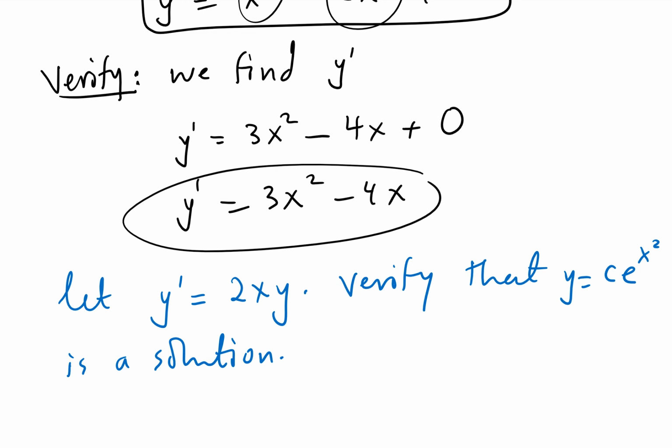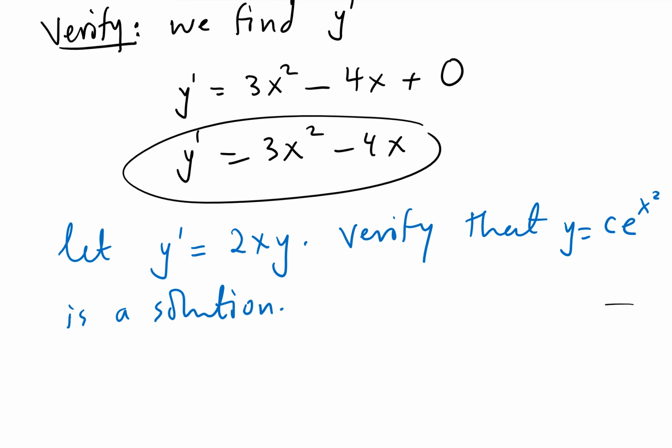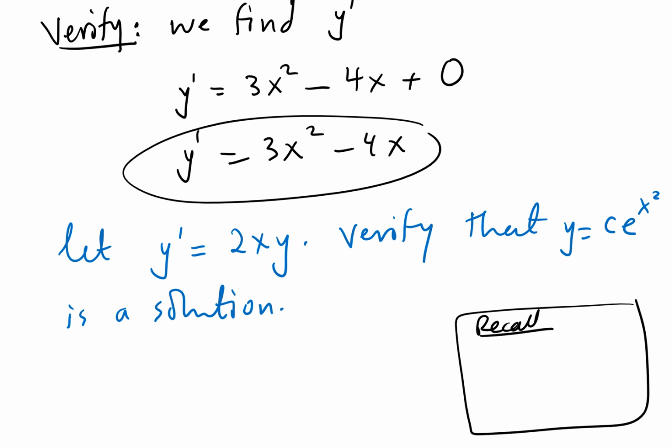So how do we verify this? Well, we're going to find the derivative, right? But before we find the derivative for such a function, on the side, recall if y equals e to any function u, then y prime is u prime times itself.